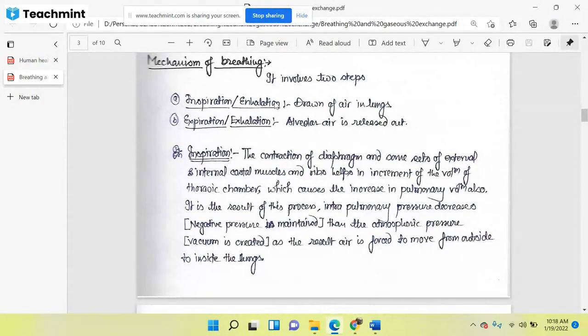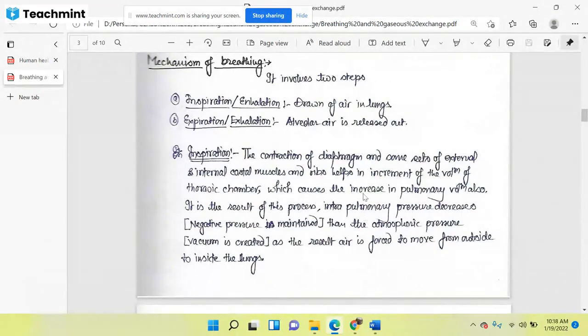When we are inhaling the air into our lungs, this is called inspiration. And when we are exhaling or expelling out the air from our lungs, this is called expiration. Now we'll see how inspiration and expiration, or inhalation and exhalation, take place.